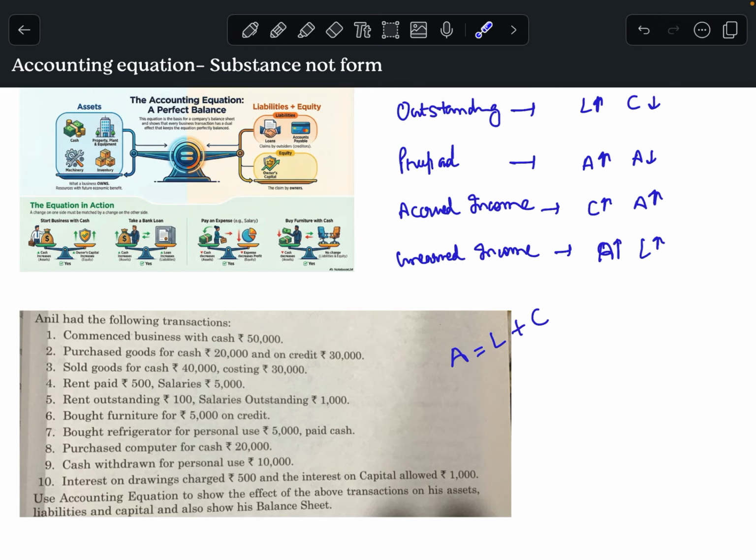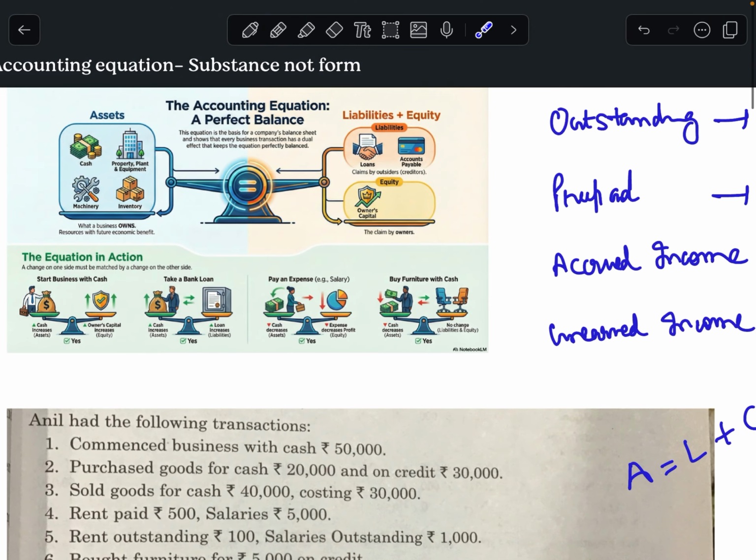This leads to the formation of an equation which always balances due to the dual concept. That equation is assets is equal to liabilities plus equity. I'm repeating it: assets is equal to liabilities plus equity.